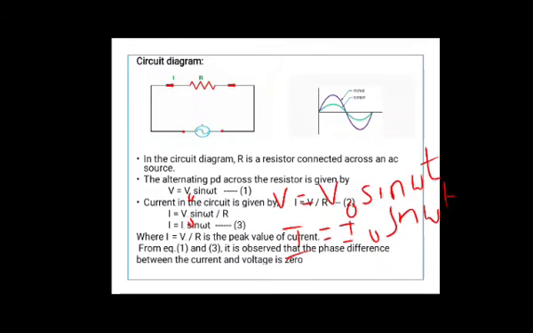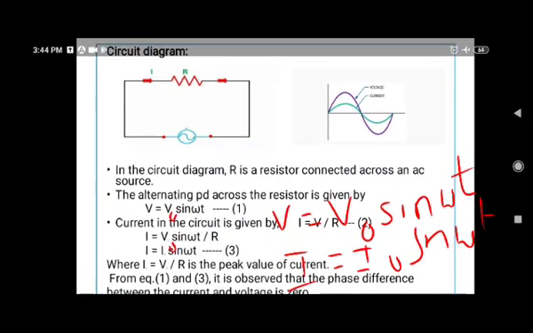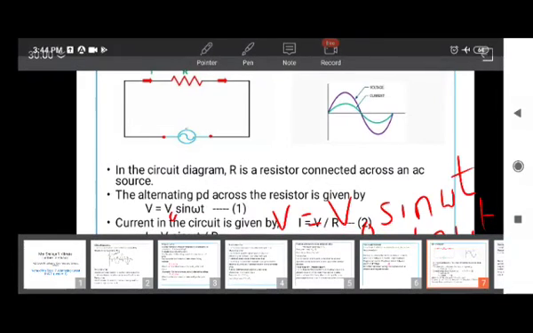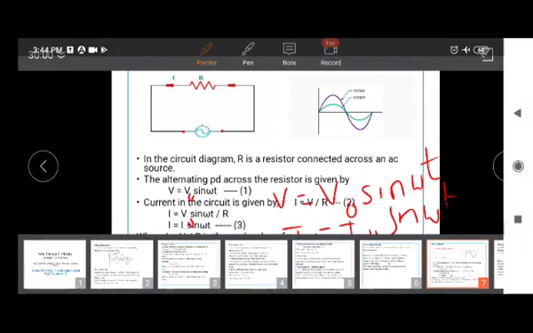Here the upper graph is for voltage, and the green graph is for current. Both are in phase. Here the phase values are π/2, π, 3π/2 and 2π, and here it is 0. You are not getting any phase difference here. That's why both current and voltage are in phase.